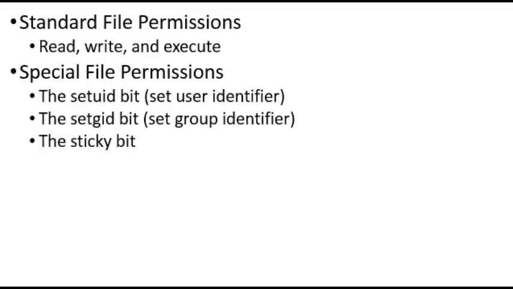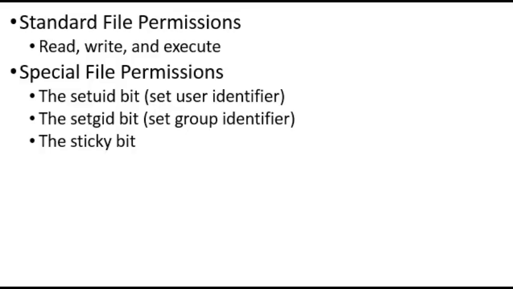And on directories, the standard permissions allow users to view the listing of a directory, create or modify files under that directory, and change into that directory using the cd command. That's what the standard file and directory permissions are in Linux. In addition to the standard permissions, Linux offers three types of special permission bits that we may set on executable files and shared directories.